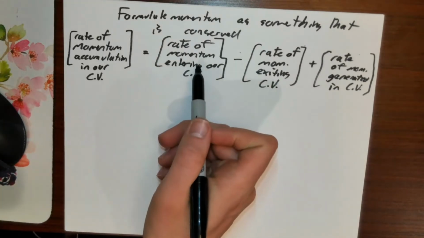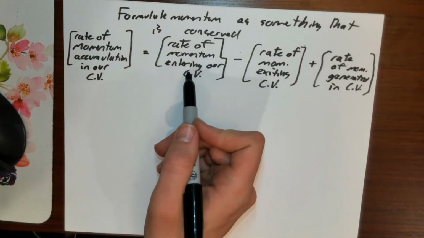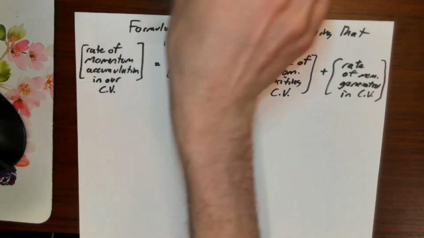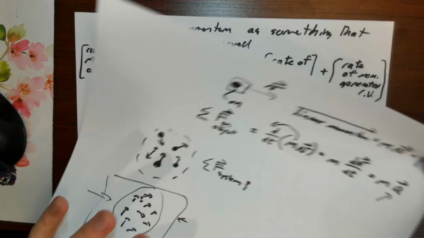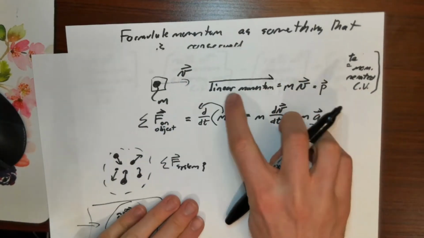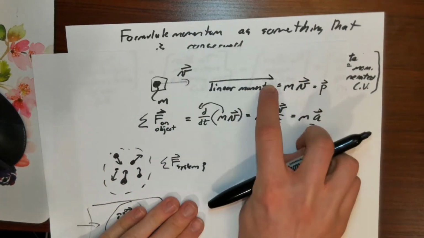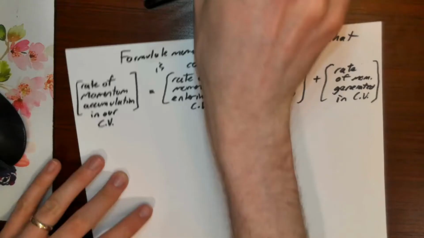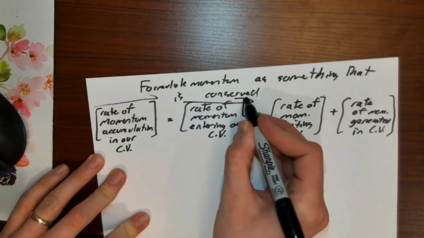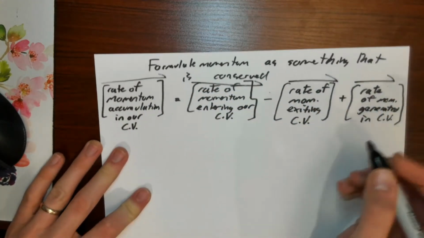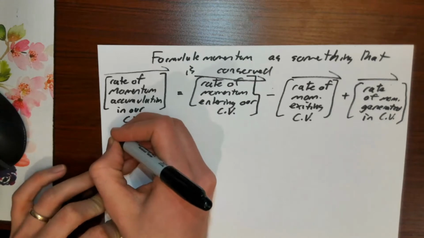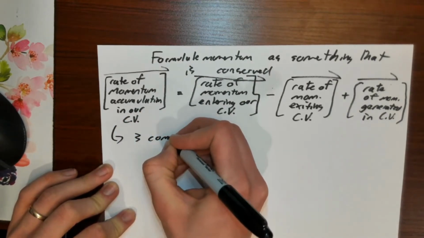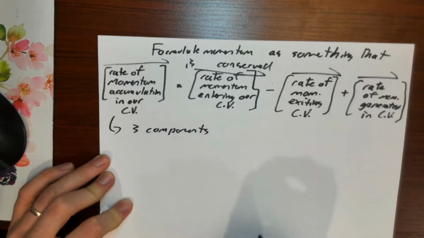And since momentum is a vector quantity, right? If we dust off our linear momentum, mass is a scalar, but because velocity is a vector, momentum is a vector, and momentum essentially has three components. So each of these quantities we expect to actually be vector quantities, and we could equivalently say this has three components.